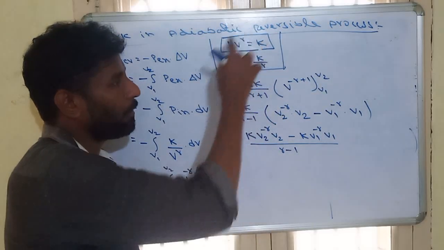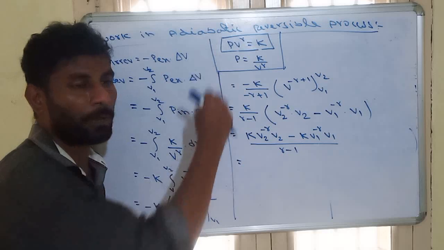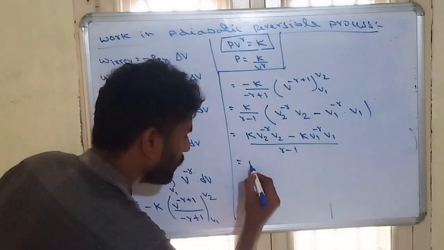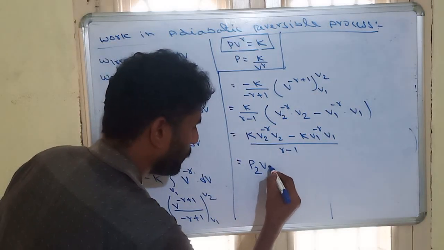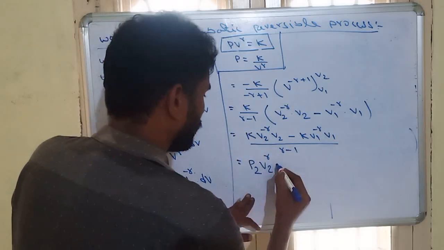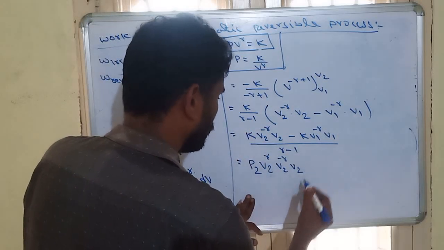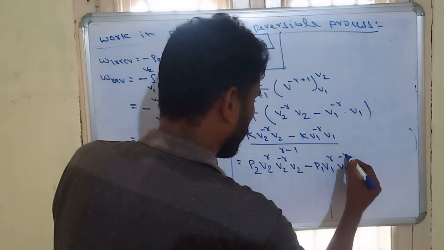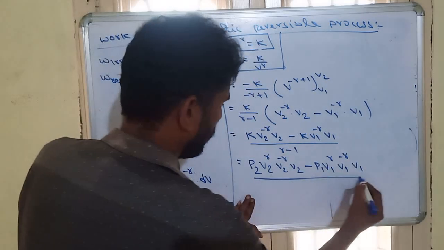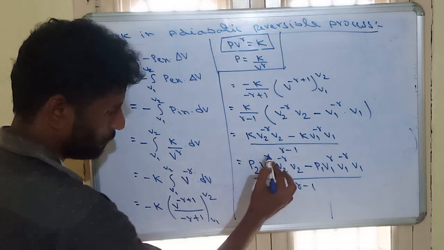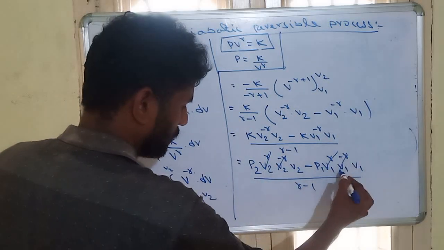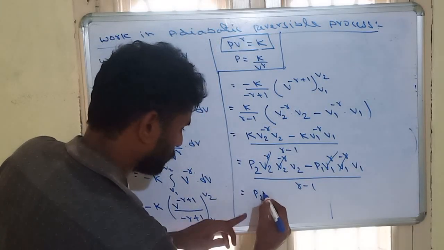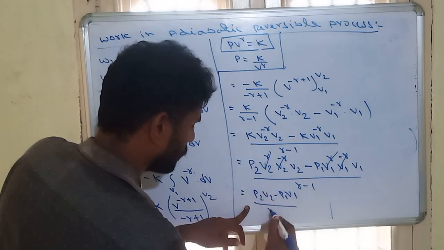For the second term, in place of K we write P2 V2^gamma into V2^(-gamma) into V2, and in the first term P1 V1^gamma into V1^(-gamma) into V1, divided by gamma minus 1. So this will be cancelled, giving P2 V2 minus P1 V1 by gamma minus 1.